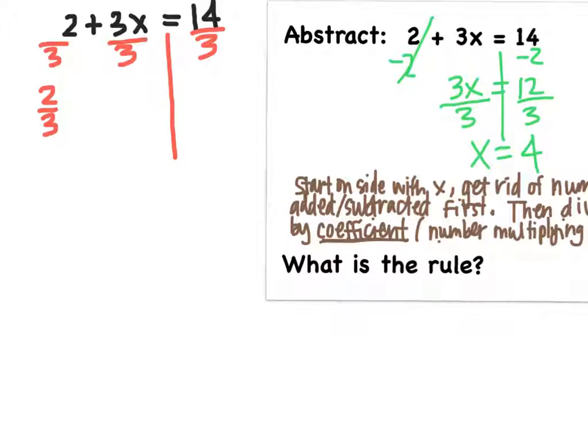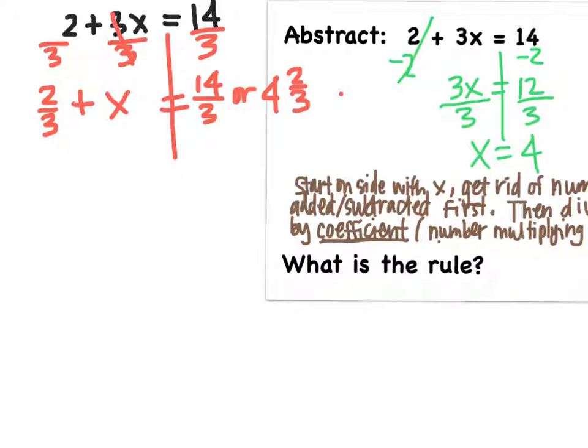Then 3 divided by 3 cancels out to make 1, so I have 1x. And then I have 14/3 on this side. Written as an improper fraction, it's 14/3. Written as a proper fraction, that would be 4 2/3.